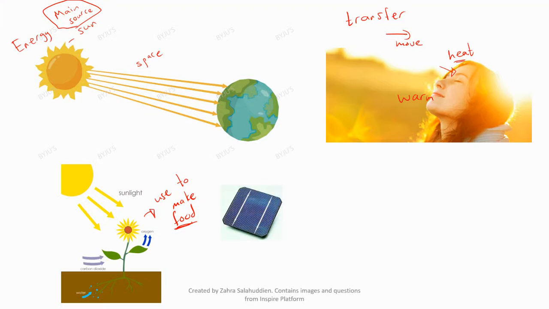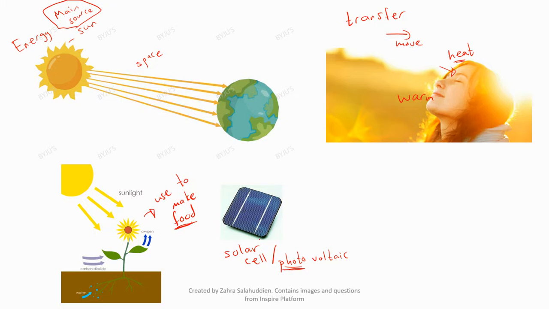So scientists said we can do the same thing that plants do. We can take energy from the sun and use it to make electrical energy. They do it using a device called a solar cell. Sometimes you may see the word photovoltaic. It's a very fancy word, but remember, photo means light in another language.